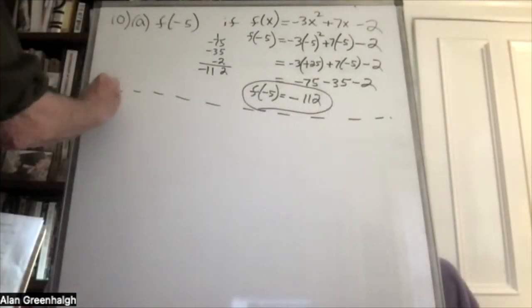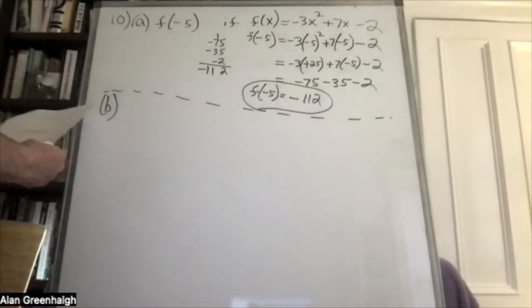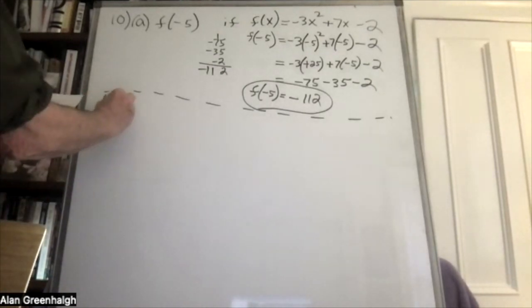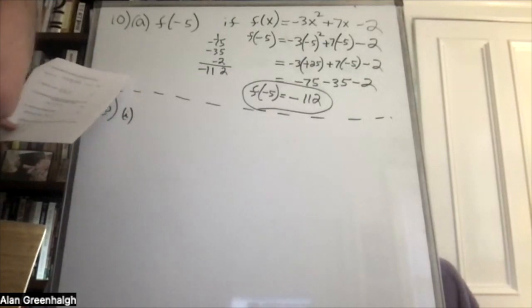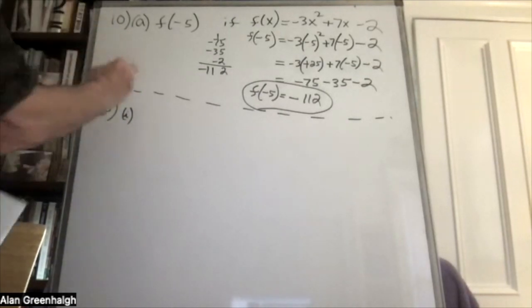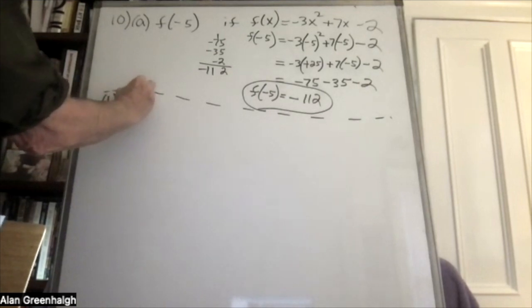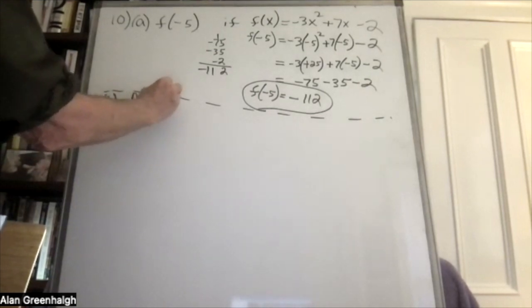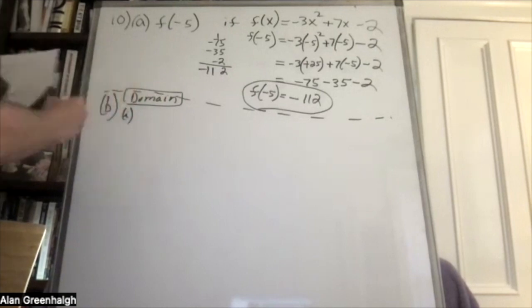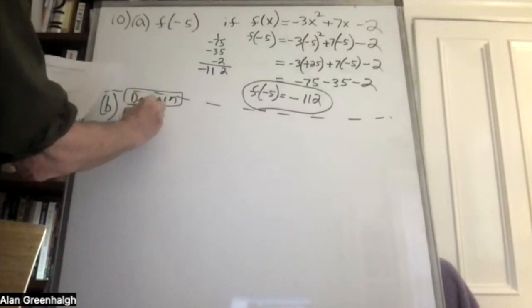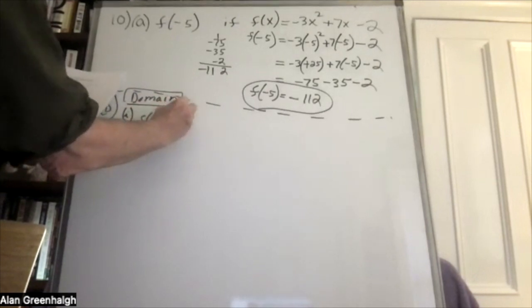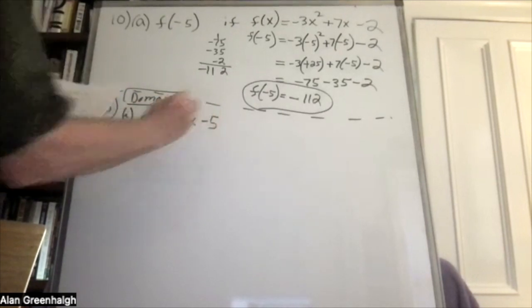Problem B, question 1. The question is, state in interval notation the domain. This was one of the things we did on Monday. F of x equals 8x minus 5.